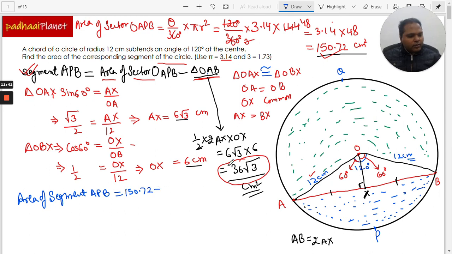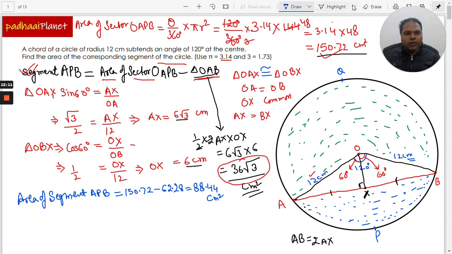So let's solve it. 36 times 1.73, so that's like 62.28, and finally it will be equal to 88.44 square centimeter.